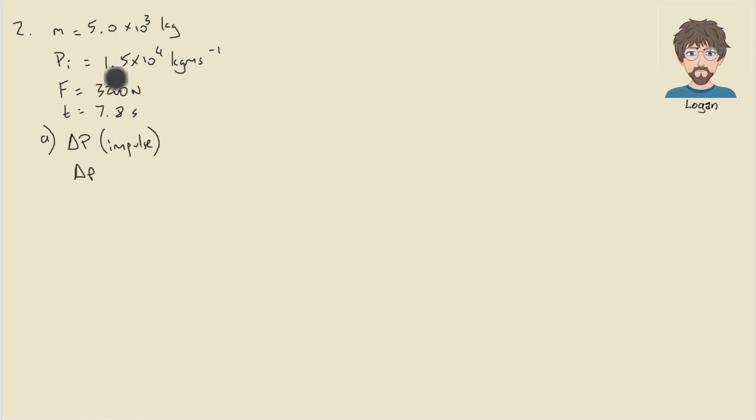So delta p equals Ft equals 3,200 times 7.8, which is 24,960 newton seconds, or more importantly, it's a change in momentum, so kilogram meters per second. Part B, draw a labeled vector diagram to show the direction of the force of the rocket.